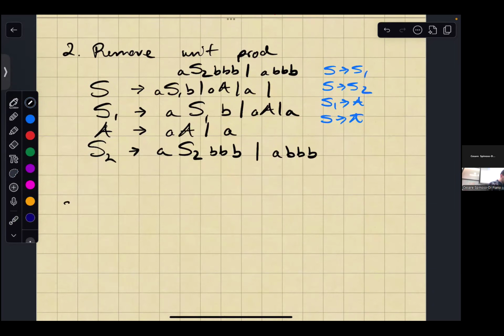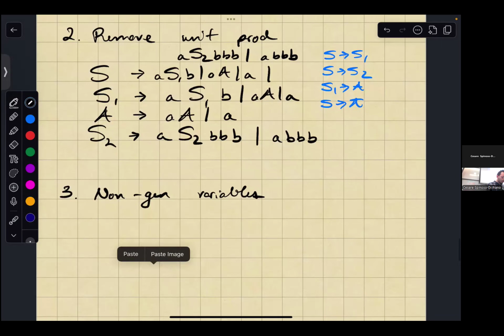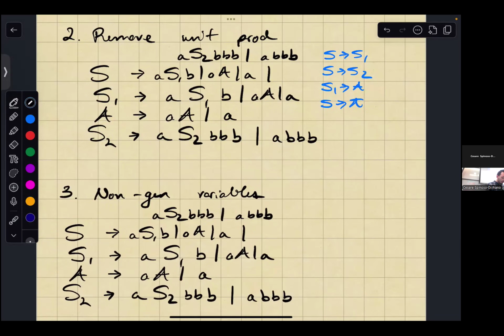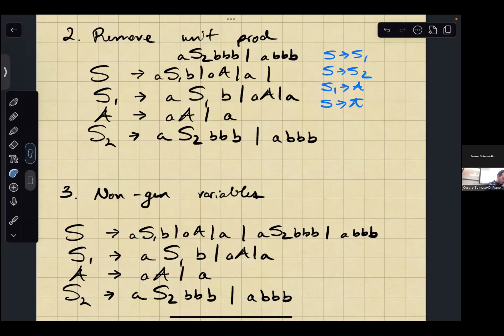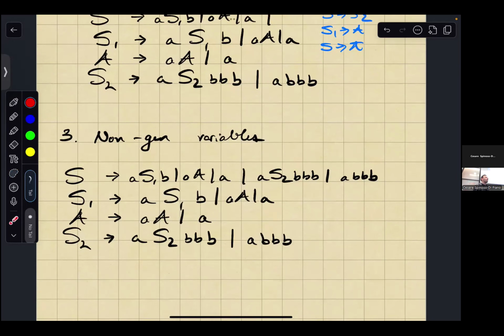Now, the next thing I need to do is check for non-generating variables. Let's copy the grammar again and put it down here now that I have more space. Remember, a variable is non-generating if and only if there is no way to generate only a string of terminals from that variable.